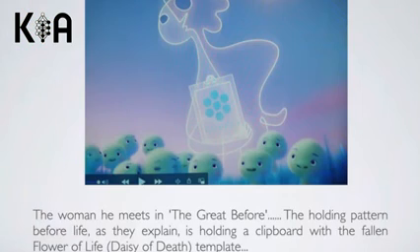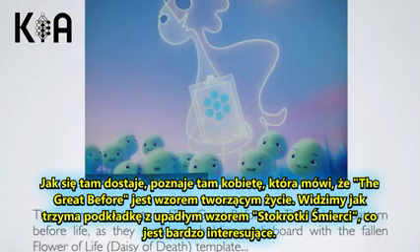So as soon as he gets there, he meets this woman in the Great Before, and she says that the Great Before is the holding pattern before life. Now this woman is holding a clipboard with the fallen flower of life, Daisy of Death template, which was quite interesting.